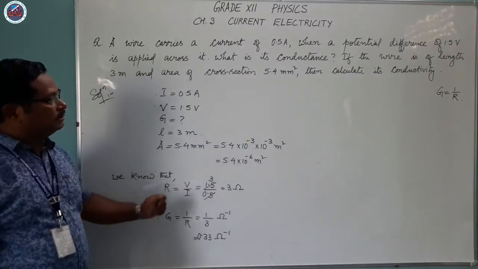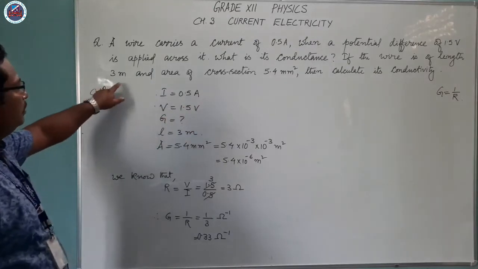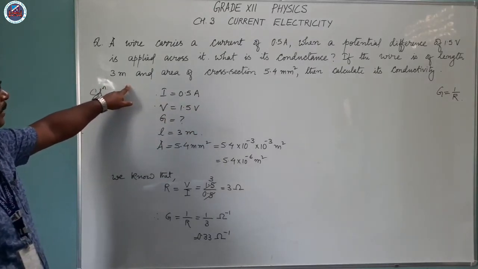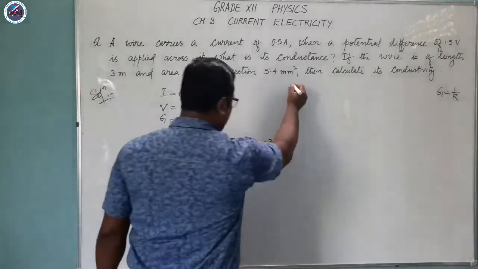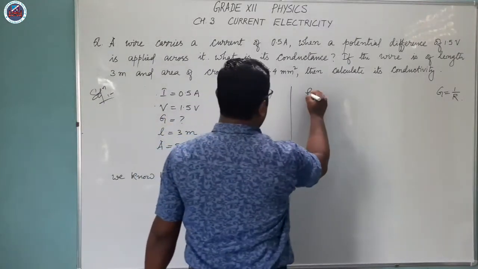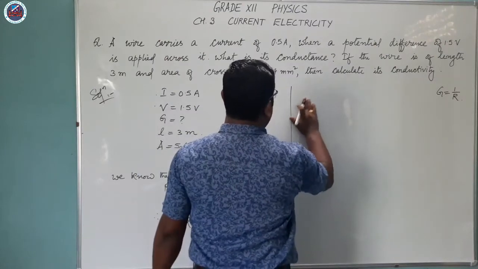The next one: if the wire is of length 3 meter, then what will be its conductivity? Conductivity, as you know, we write it as sigma.